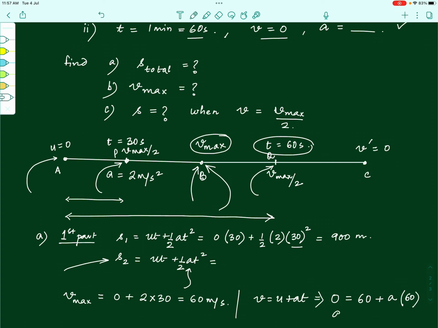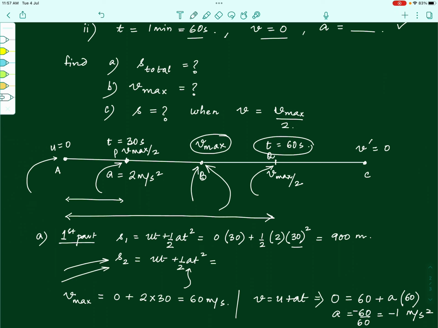When we solve this, we will get the value of A as minus 60 by 60, that is minus 1. Minus 1 meter per second squared is the deceleration for the second part of the motion. This is what we have been able to obtain. And now we can substitute this value in the equation for S2.